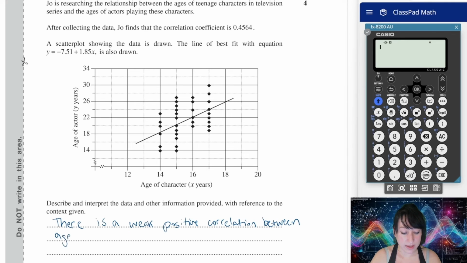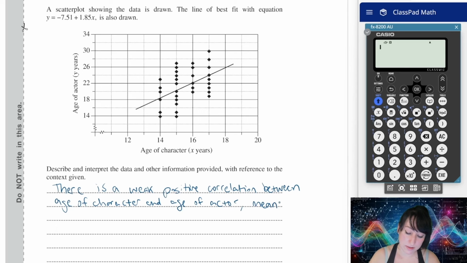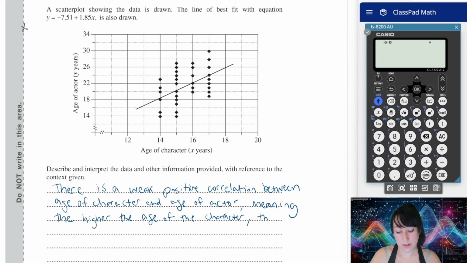between age of character and age of actor. This means the higher the age of the character, the higher the age of the actor tended to be.